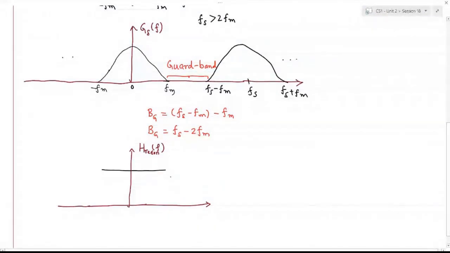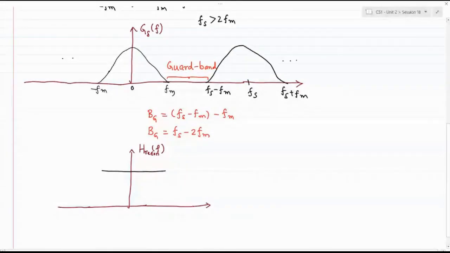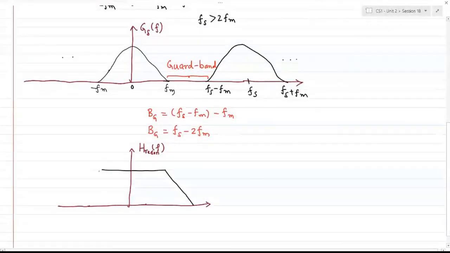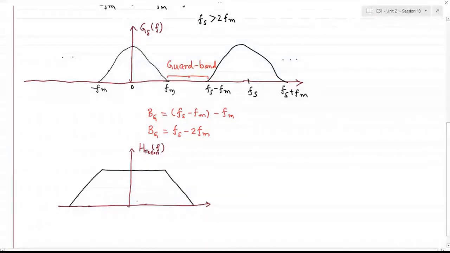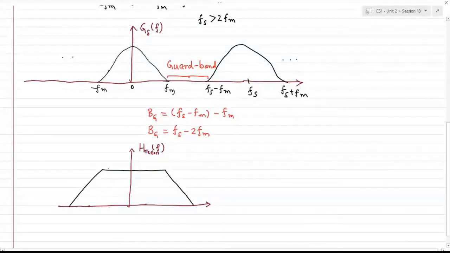So I can have a not infinitely sharp edge, but a slowly rising edge and a slowly falling edge of the filter response, right? This would ensure that I can faithfully recover or reconstruct my original information signal without any aliasing, or without taking samples which are not required to estimate the original information signal.